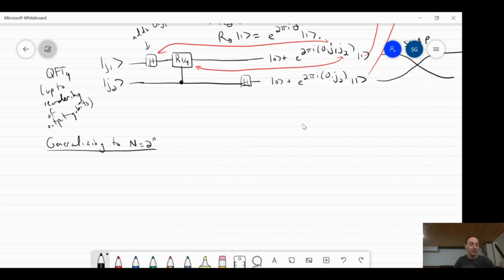So again, let's just write down the action on a standard basis state. I'm not going to derive these now. The analysis is analogous and is left as an exercise. So for any standard basis state, and now of course this thing is in C^(2^n), QFT 2 to the n applied to j, what is that?